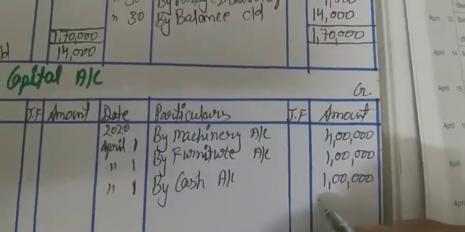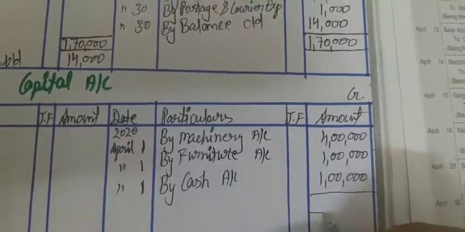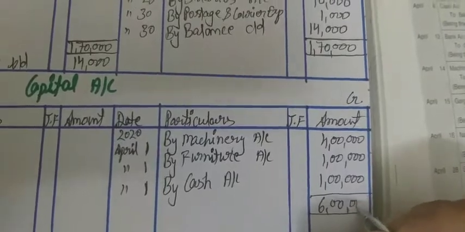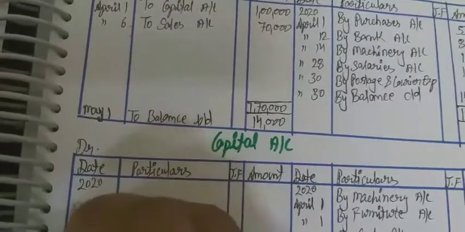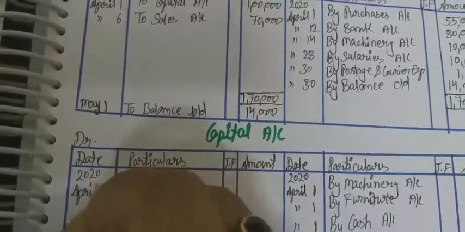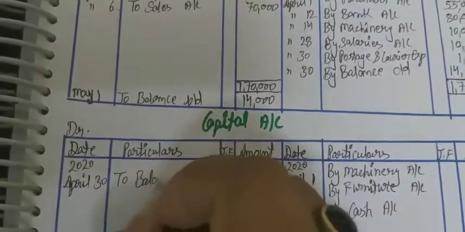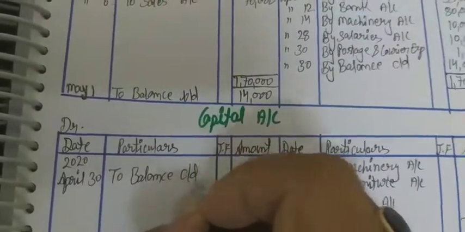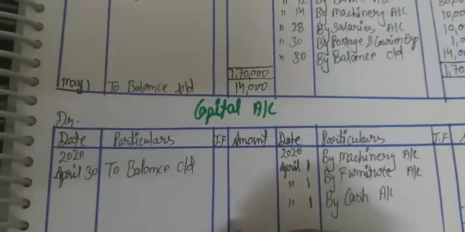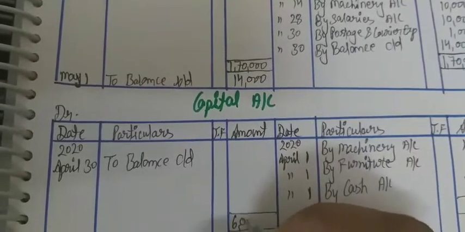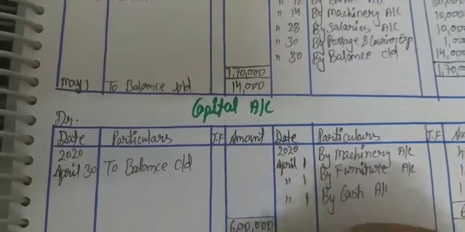So students, now we have to do the balancing. If we're doing the balancing, the total of this side is 6 lakh, and on the last date of the month, that is April 30, to balance CD, it is rupees 6 lakh.